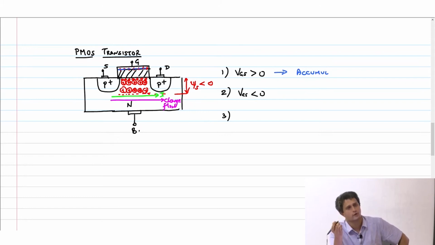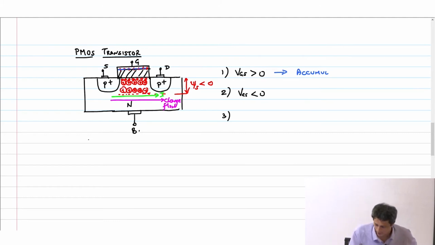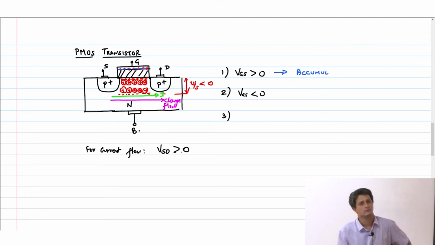If current has to flow from high potential to low potential and the charge and current flow from source to drain, then obviously the source should be at a higher potential compared to the drain, right? So for current flow, VSD should be greater than 0 or VDS should be less than 0.